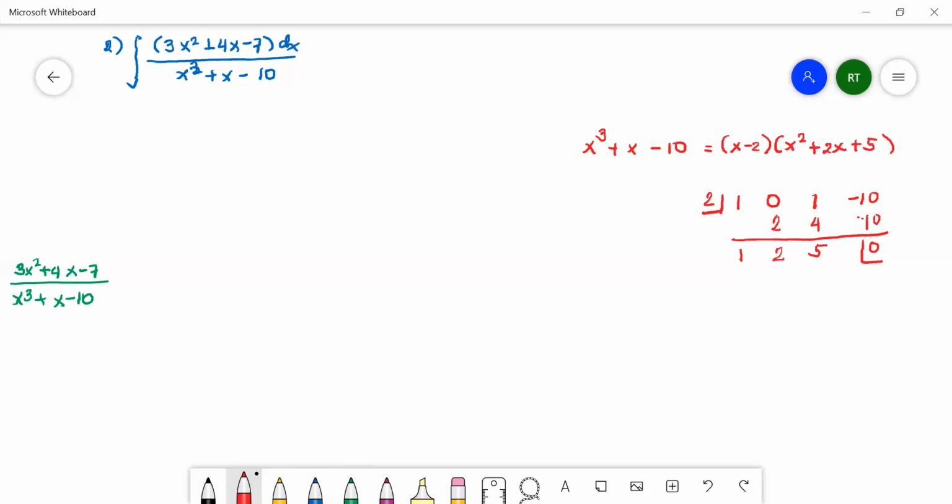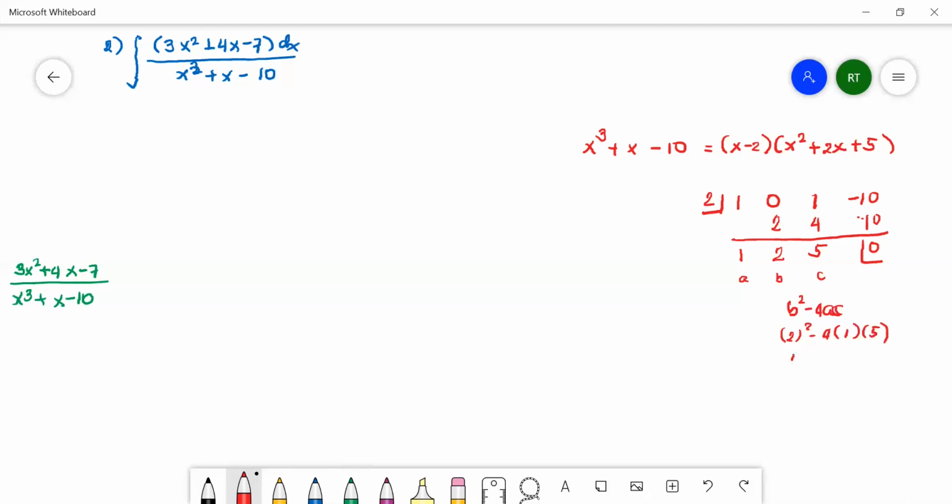If we have x squared plus 2x plus 5, of course, it is no longer factorable. You can actually test this by using the discriminant b squared minus 4ac. Here a is this, this is b, and this is c. Therefore, we will have 2 squared minus 4 times 1 times 5.